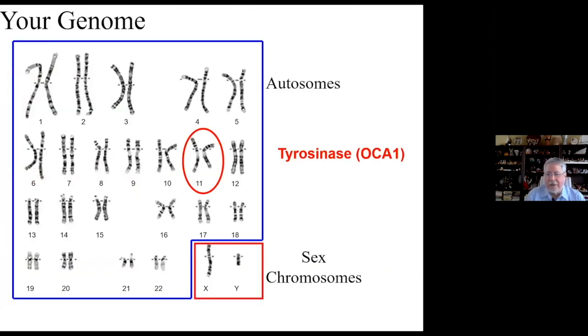So let's think about the albinism genes in particular. Albinism genes, as I said, there are many of them. If we look at chromosome 11, we see that chromosome 11 has a gene on it called tyrosinase. Changes in this tyrosinase gene lead to oculocutaneous albinism type 1, or OCA1.